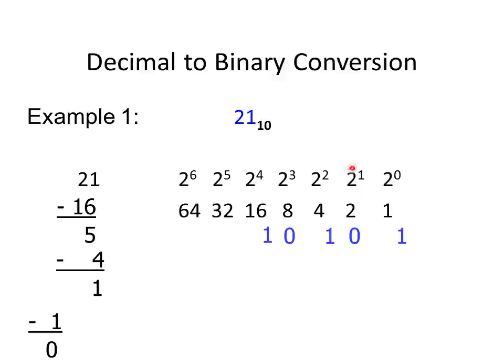That is, this position we do not use. So place a 0 below the 2. So whichever power of 2 is not subtracted from the number, it places 0, and if it is subtracted, then it is placed 1. In this way we get 10101. This is a binary number.